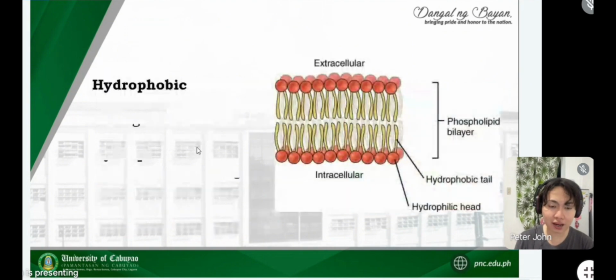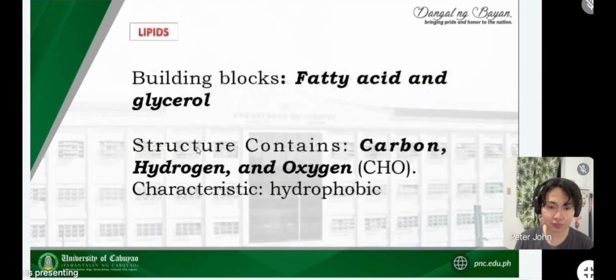Next, we have the building blocks of a lipid. So, almost similar with carbohydrates, meron din siyang pinanggalingan. In order to form that large molecules or macromolecules, meron din siyang building blocks, or tinatawag nating fatty acid and glycerol. Yes po, dalawa po yung building blocks niya.